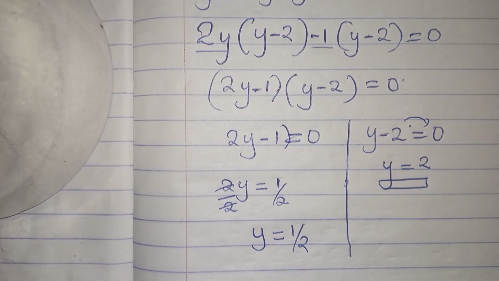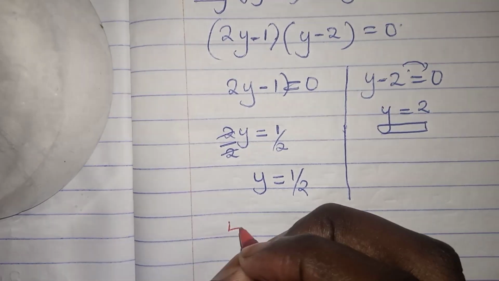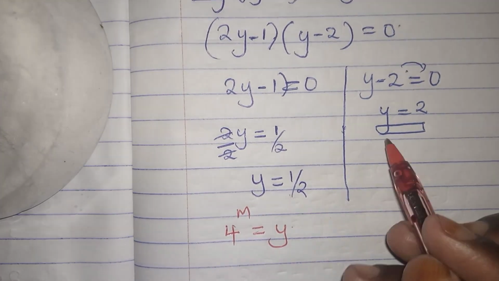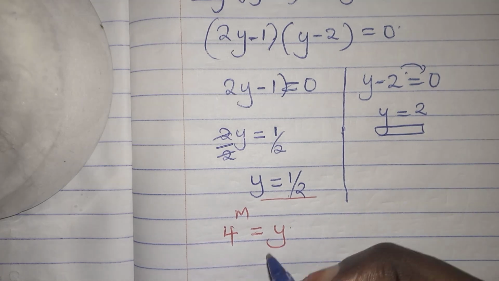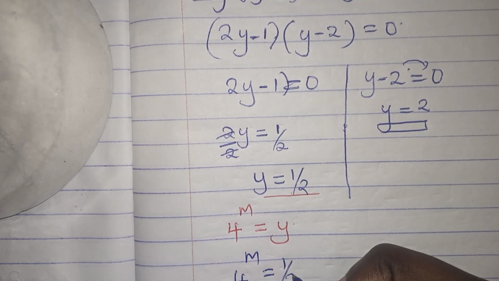Remember, we had said let 4 to the power of m be equal to y, and we have two values of y, so we can substitute these values of y here. 4 to the power of m is equal to a half.